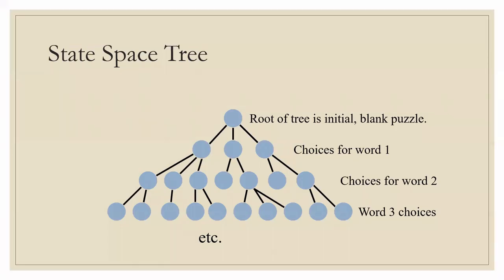If any tree leaf at depth D represents a valid solution to the crossword puzzle problem, the state space tree is an example of an OR tree.